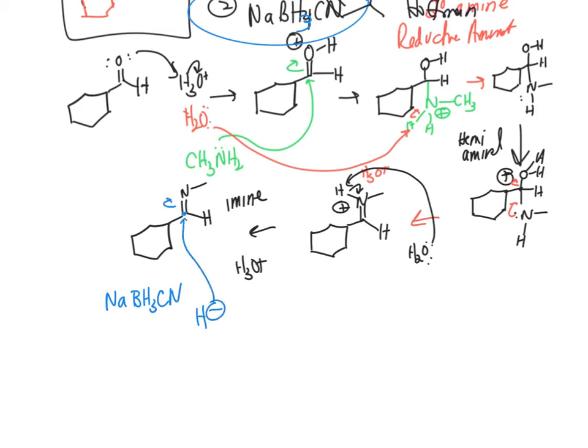You don't have to know the mechanism because this is reduction, but you're going to add basically hydrogen to this carbon, and you're going to add a hydrogen to the amine, and this makes your secondary amine. And this is reductive amination, and that's the mechanism.